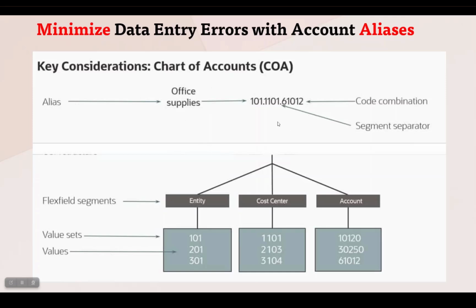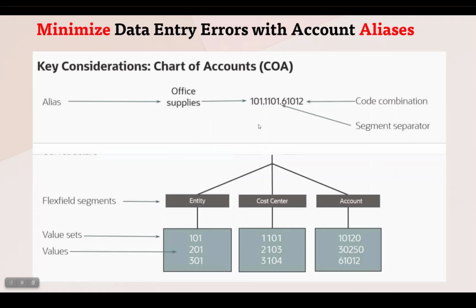For each code combination you have to create the alias, and the finance team must be aware of the alias list of values so they can make the transactions with the correct alias. Otherwise, it will be optional. You can choose not to use the alias and let the users select the value set values, but take care with the alias, because an alias means a code combination.